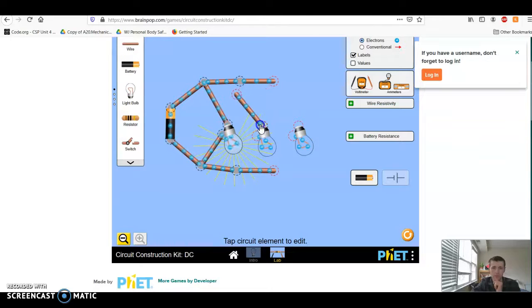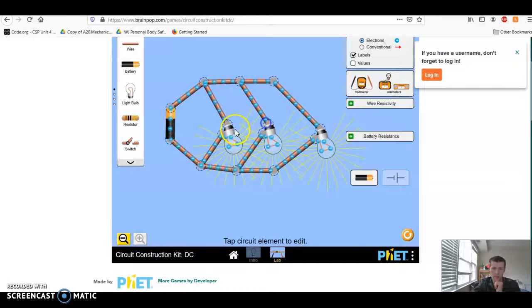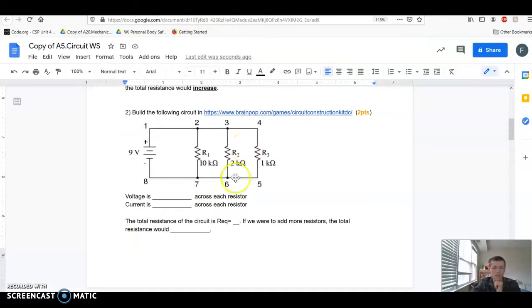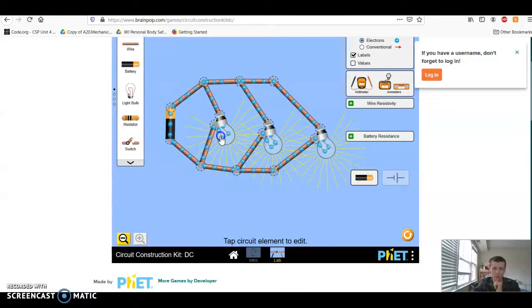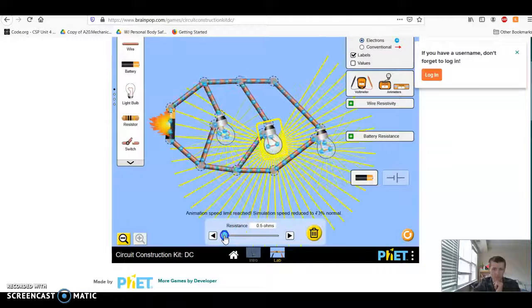Alrighty. So as you see, some electrons are starting to flow through here as I'm building up my circuit, and they're flowing independent of each other. In terms of these 3 paths, you can have just one path wired up, or all 3, and the electrons don't care. Now to follow this diagram, we'll make one 10 ohms, 2 ohms, and 1 ohm, even though these should be kilo ohms. So let's see here, we'll make this one be 2.